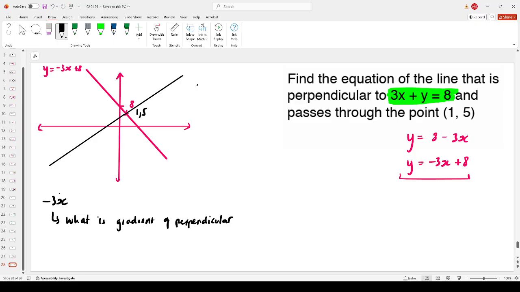To work out the gradient of perpendicular, I just take the value m and I put it under minus 1. So it's going to be minus 1 over minus 3. The two negatives cancel out. And so the answer is 1 over 3. Is that okay?